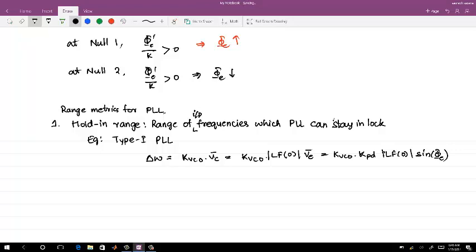No matter how you get this voltage, if it can maintain that voltage in the steady state, the PLL can hold in lock. Why am I making this distinction? You will see there are other ranges which are defined in that manner.